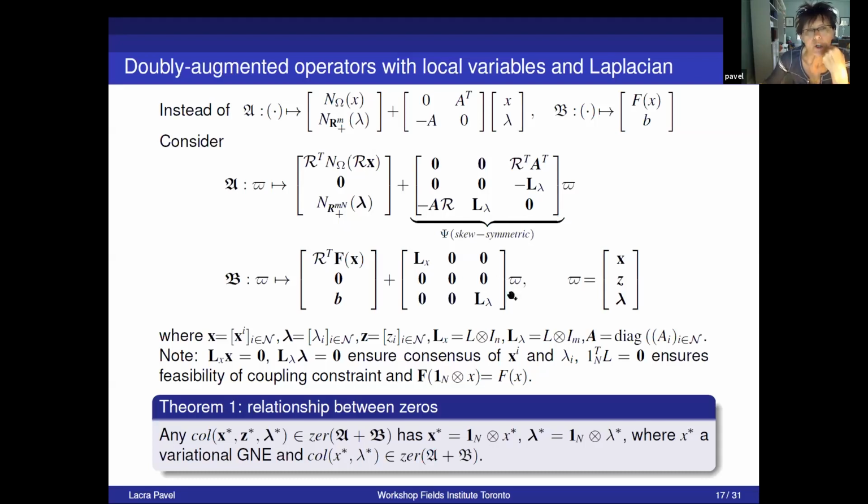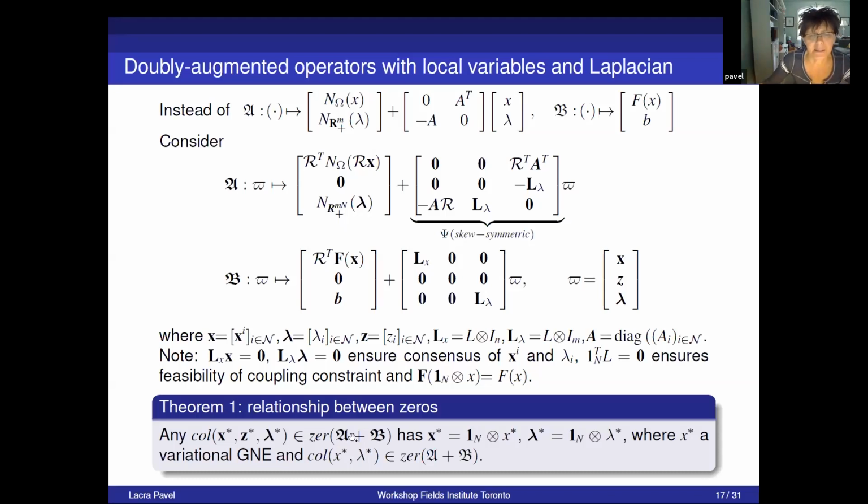But then what is going to be difficult is to have a way in which we can show co-coercivity of the operator bold B, as well as a way in which we can actually realize the distributed operation of the backward step.